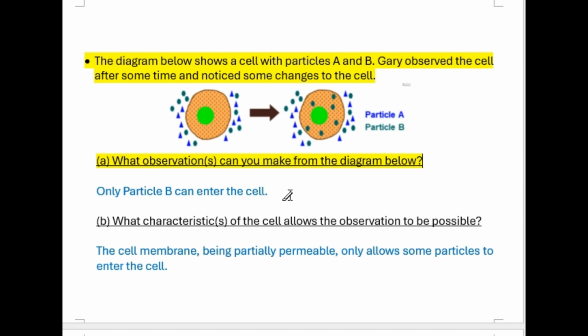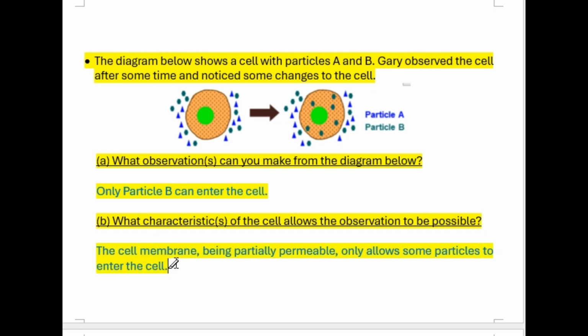Only particle B can enter the cell. B. What characteristics of the cell allows the observation to be possible? The cell membrane, being partially permeable, only allows some particles to enter the cell.